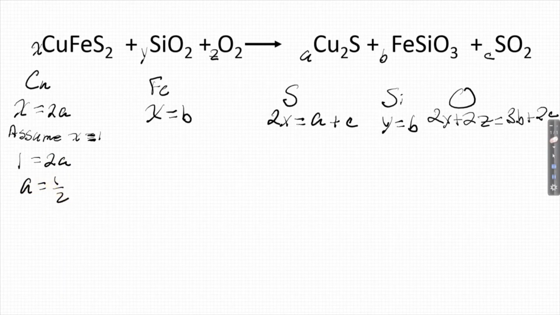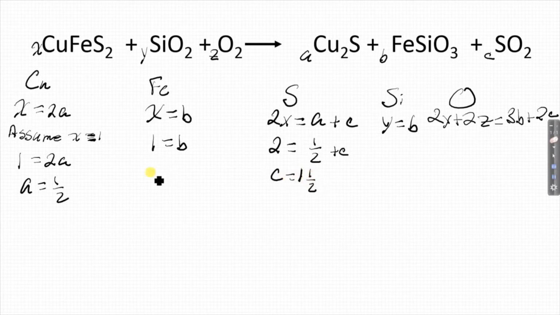So we're beginning to solve for our equations. X equals 1, right? So 1 is equal to B, so that means B equals 1. So then we come over here, 2X equals A plus C. Well, X is 1, so 2 equals A, and we already know what A is, 1/2, plus C. So now we know that C equals 1 1/2.